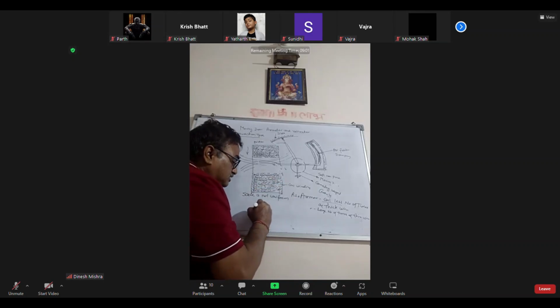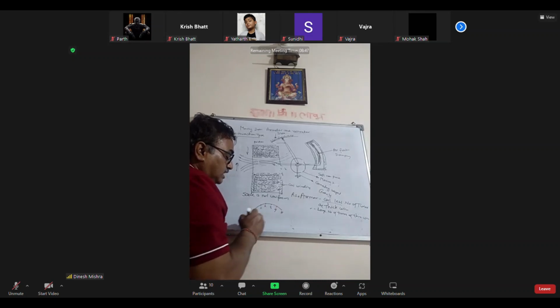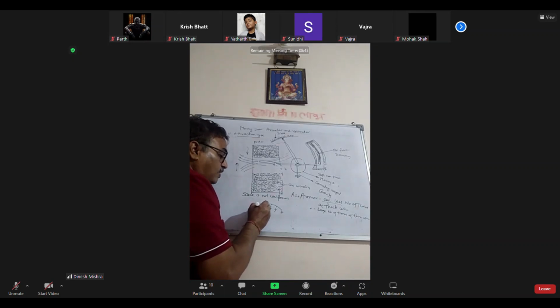Suppose this is the ammeter scale, 0 to 5 ampere, right? So this is the 1, this is the 2, 3, 4. The distance between 0 and 1 is less, the other distances are the same.